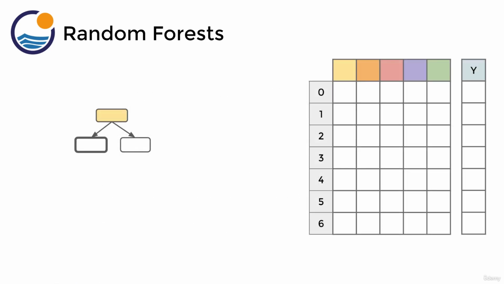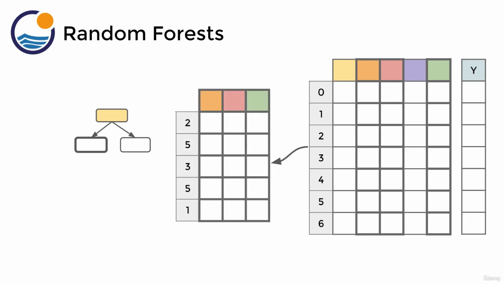Which means, if we imagine a much larger data set dealing with the same 5 features, but this time we have index values 0 through 6, each of these representing a single row, what we do is for each of these splits, we're going to select a subset of features, and then what we're also going to do is perform bootstrap sampling.